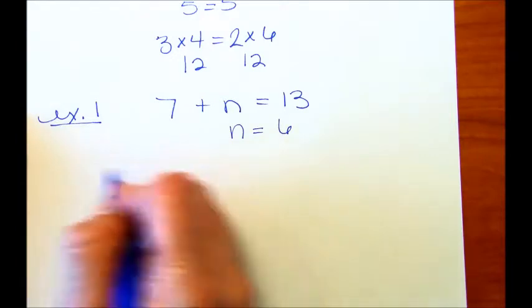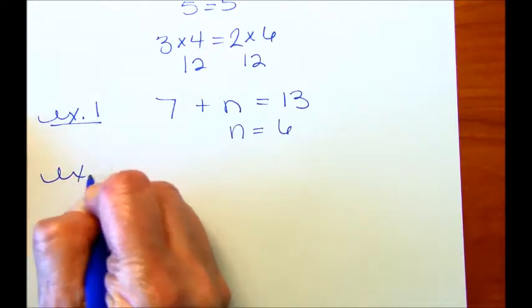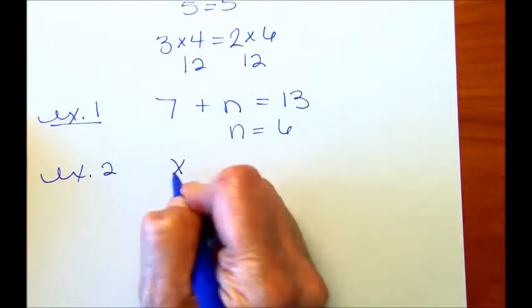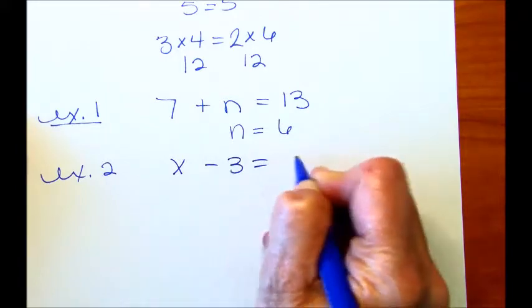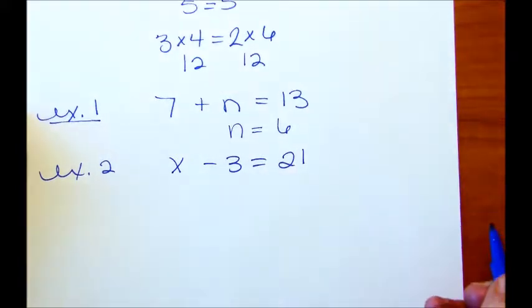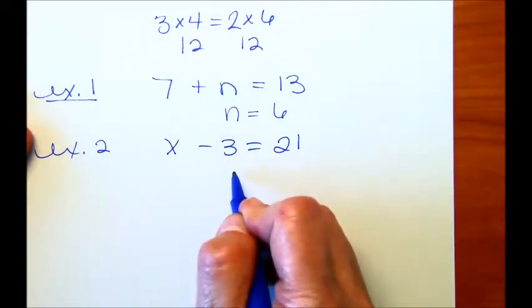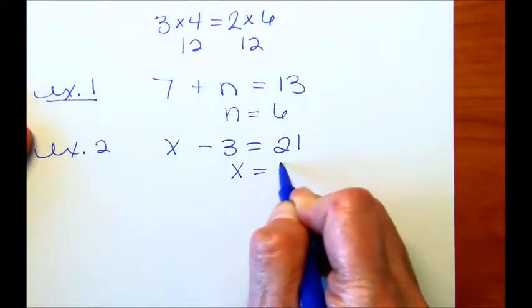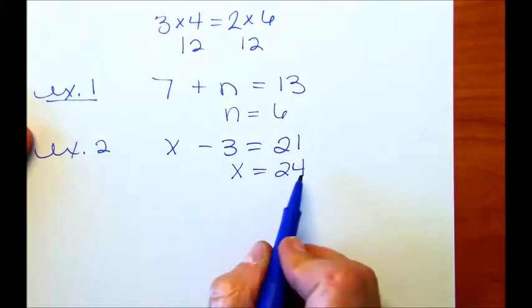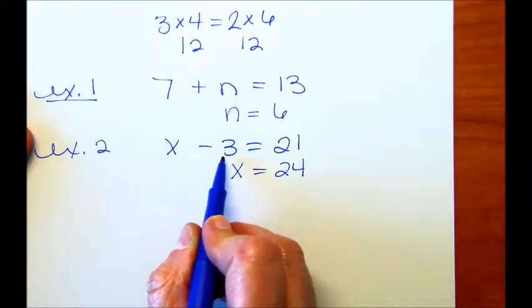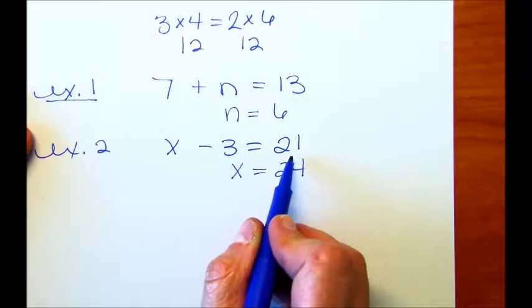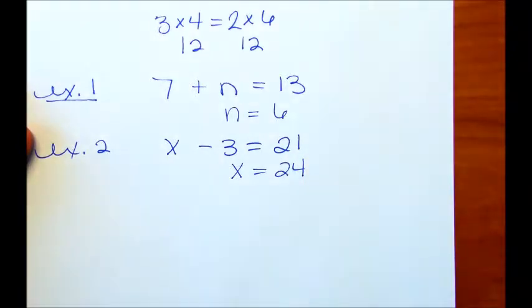Let's look at another. Let's say here we have x minus 3 equals 21. If you thought about it a little bit, you could probably figure out that x is going to equal 24, because 24 take away 3 will give you 21, which is the value on the other side of the equal sign.